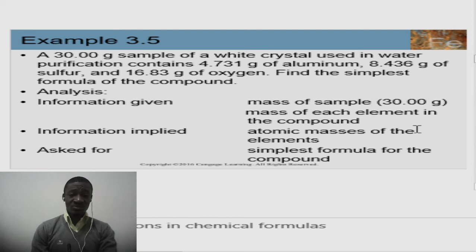What is being requested of you is to give us what the simplest formula looks like, meaning that we should see aluminium with a figure as a subscript, sulfur with a figure as a subscript, oxygen with a figure as a subscript. So the question is, how do we do that, given that we have all of these masses and we don't even have a clue? Let's get right into it.